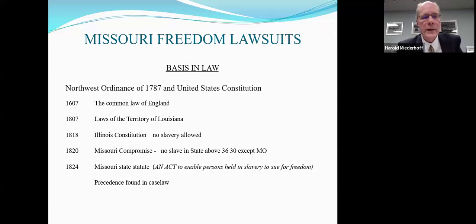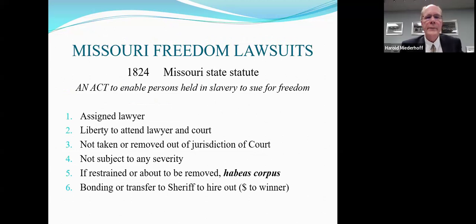And then, when we became a state, in 1824 we had a Missouri statute that addressed the freedom lawsuits. That Missouri statute was, in my opinion, very generous to the slaves in seeking their freedom. Now, obviously, there are a lot of consequences to filing a lawsuit against a person, especially a slave against a master.